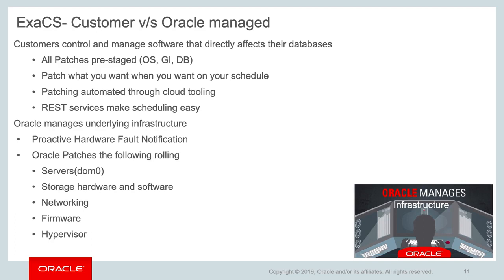REST services make scheduling easy. And as we discussed, Oracle manages all the underlying infrastructure, meaning proactive hardware fault notification, or Oracle patches the following: rolling patches on DOM0 servers, storage hardware and software, the networking component, firmware, and hypervisor. They all are Oracle's responsibility to maintain.